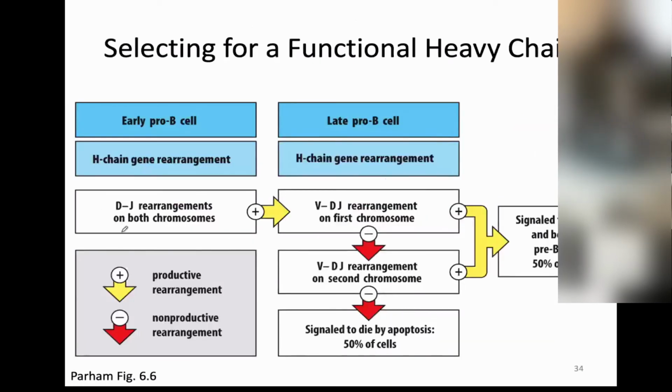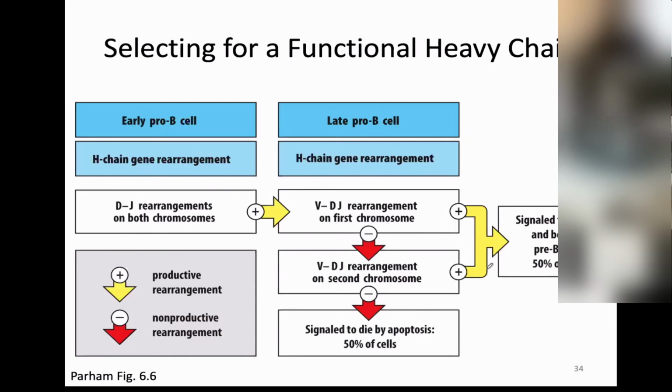And so you can see that we basically are going to do the D to J rearrangement on both chromosomes. One chromosome is going to finish doing the V to DJ rearrangement first, and it's going to try to get a signal. It is possible that when that cell tries to make a heavy chain, it does a bad job.